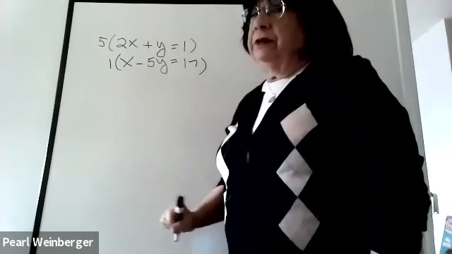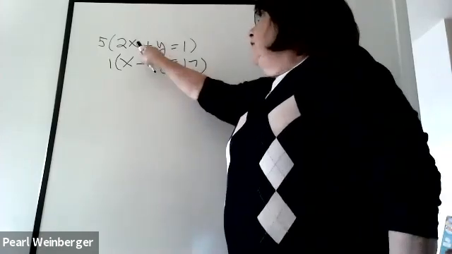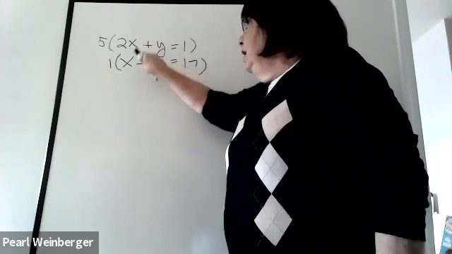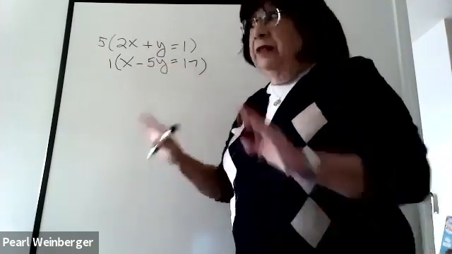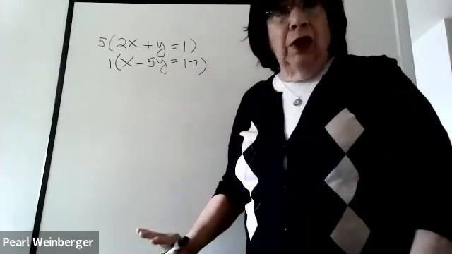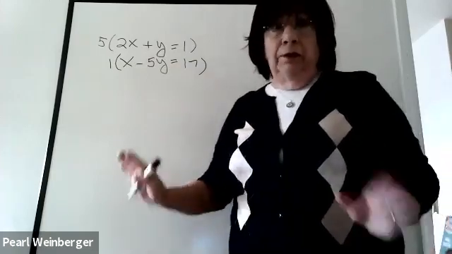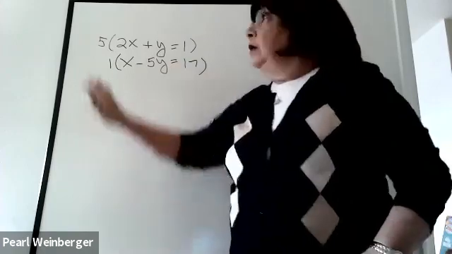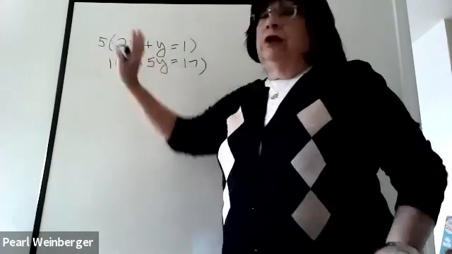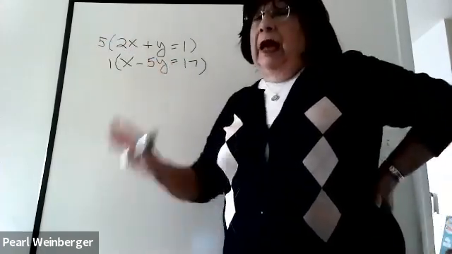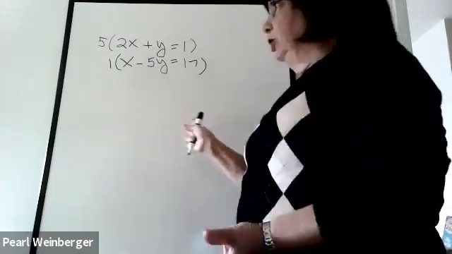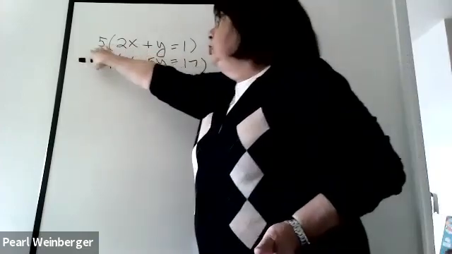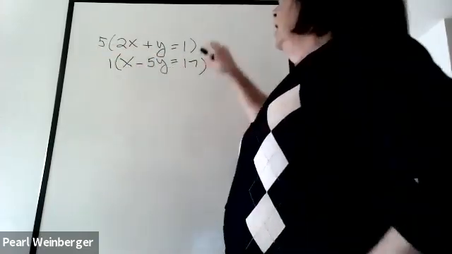Now I think about the sign. If I notice, this already has one sign being positive and one sign being negative. The signs are exactly the way I want them. I want one to be positive and one to be negative. So therefore, I'm not going to use a negative when I multiply. I only have to use a negative if I have to change a sign. I don't want to change any signs. So I'm going to just use the positive numbers.